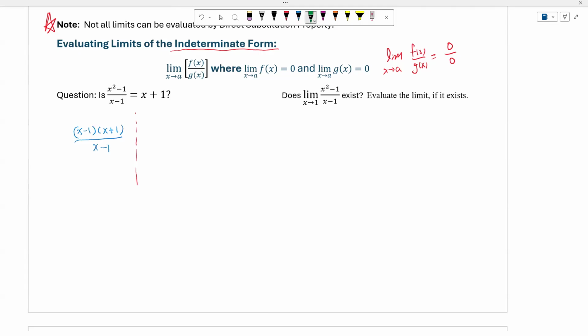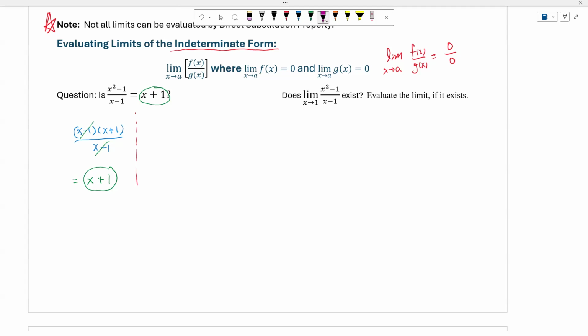So on the left-hand side, this one and this one cancel, right? As our instructor told us before calculus, my answer is x plus 1. Then we simplify it. So my question is, is this x plus 1 equal to this x plus 1? I hope that your answer is no.